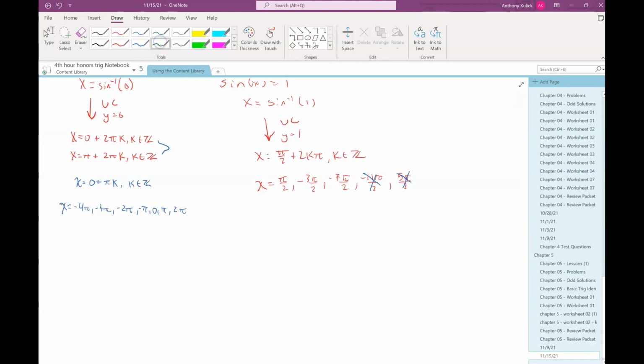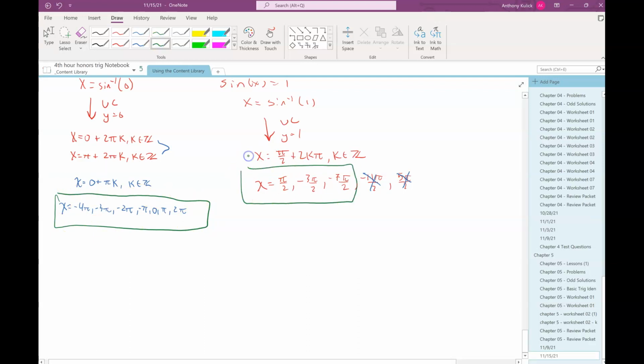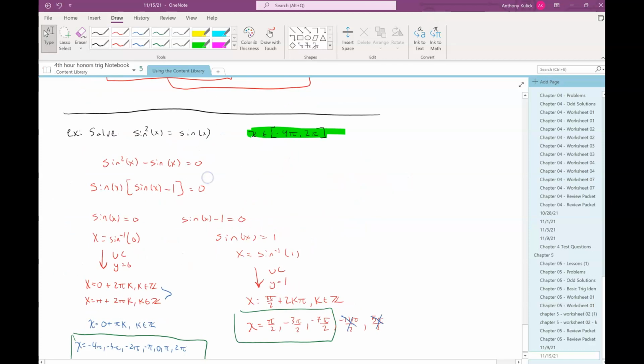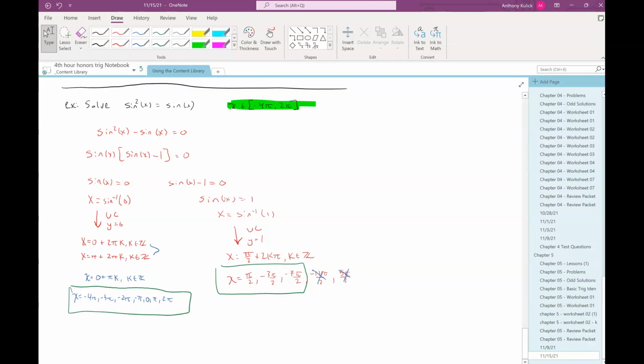So my solution is going to be those ones right there. Is that okay?